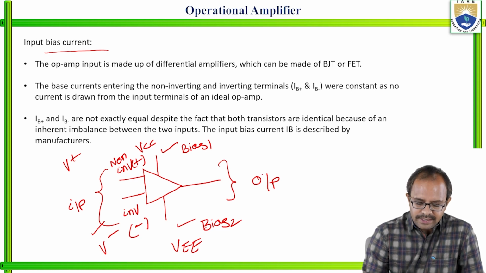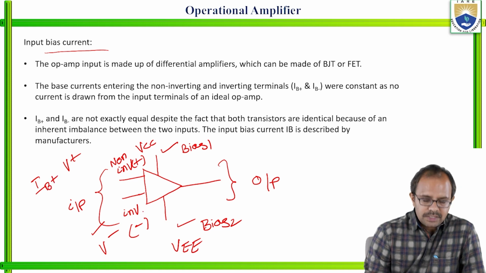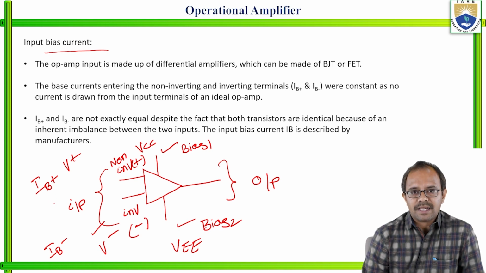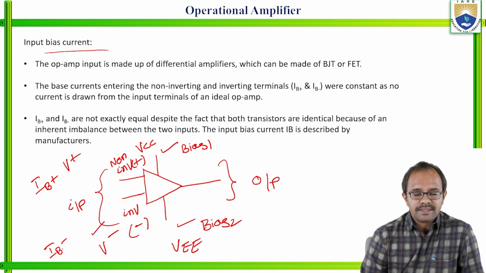That we may call IB plus, and this we will call IB minus. What is IB plus? This is the biasing current present in the non-inverting terminal, and IB minus is the biasing current present in the inverting terminal of your op amp, right?